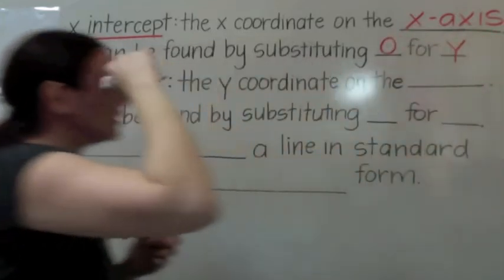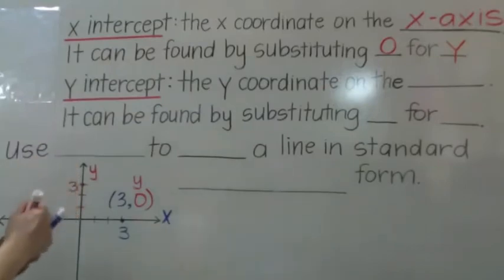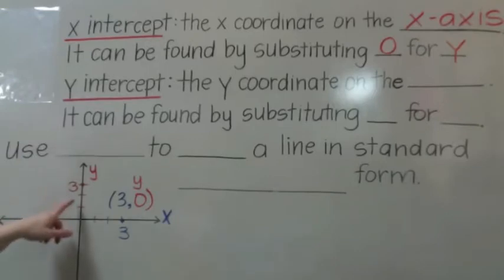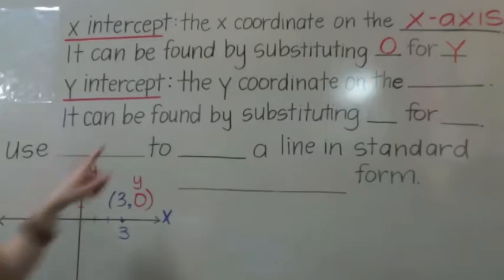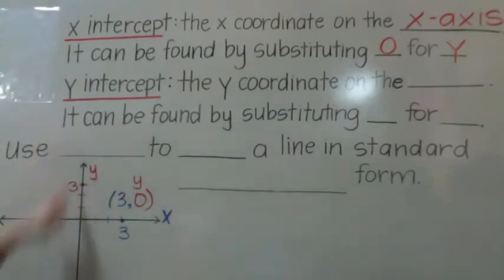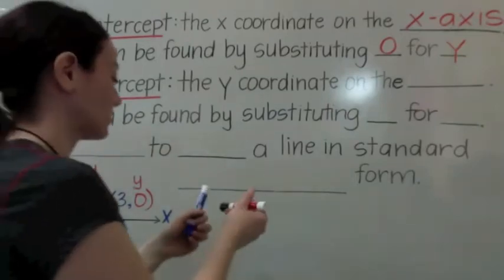Okay. Now let's take a look at the y-intercept. The y-intercept is really, really important because it's how we're going to be graphing lines. So if we see a point that is on the y-intercept, let's say the point is 3, okay? Well, we call that the y-intercept because 3 is the y-coordinate on what axis is this? If it's the y-intercept, it's the y-axis, correct?